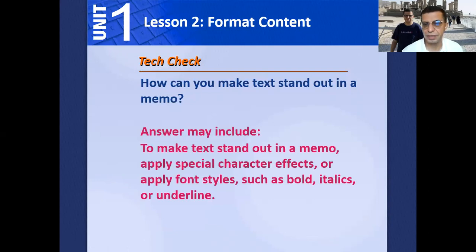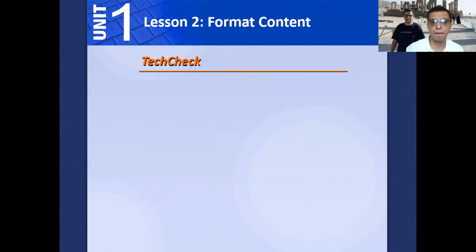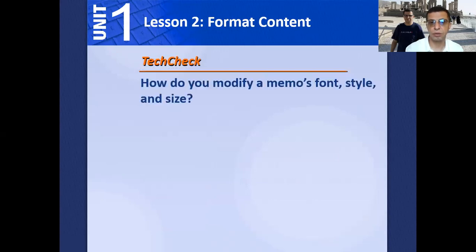To make text stand out in a memo, apply a special characters effect or a font style such as bold, italic, and underline, which we saw just now and tried. Tech check 2.